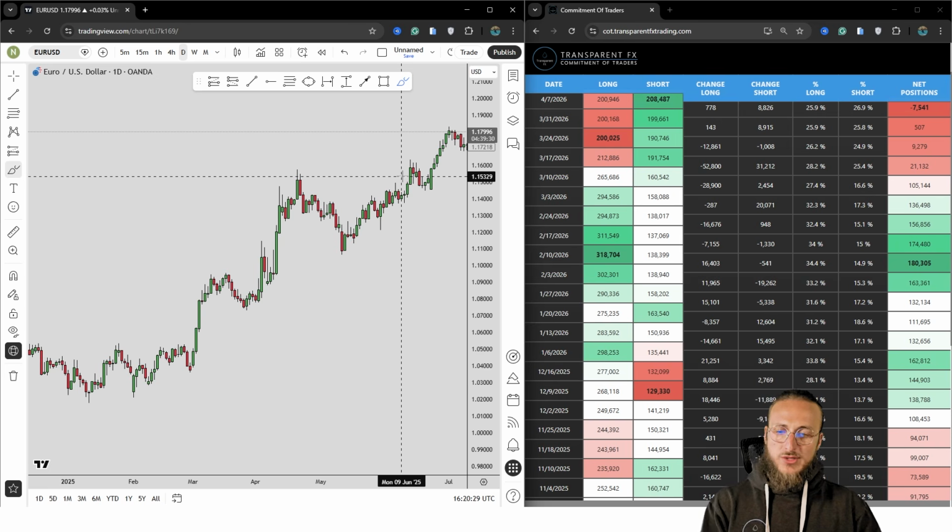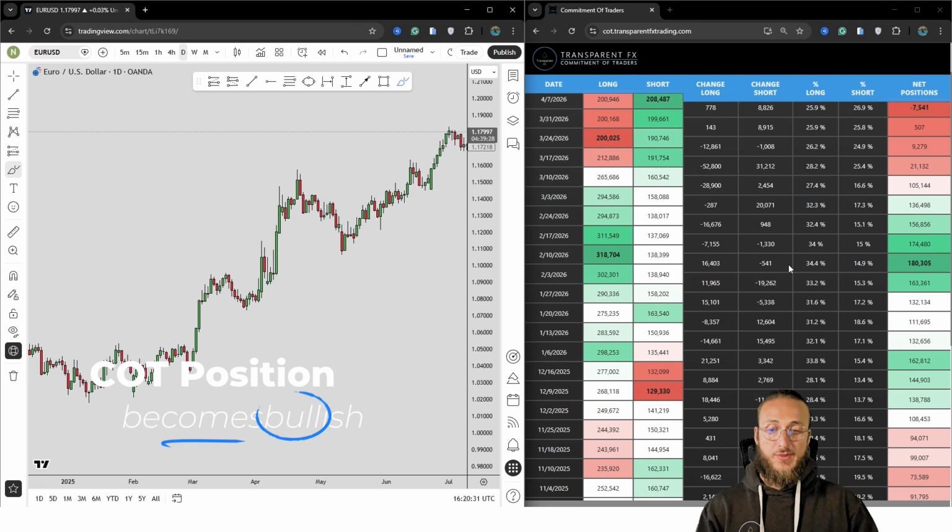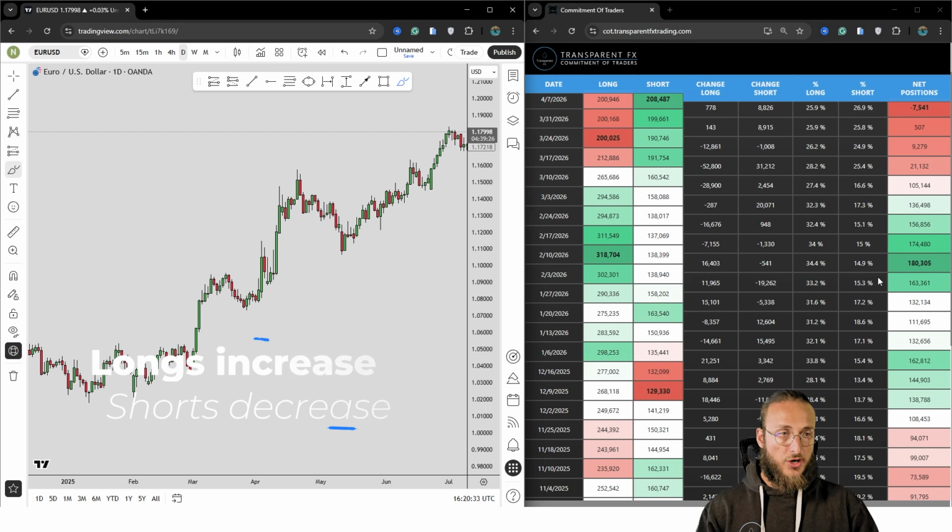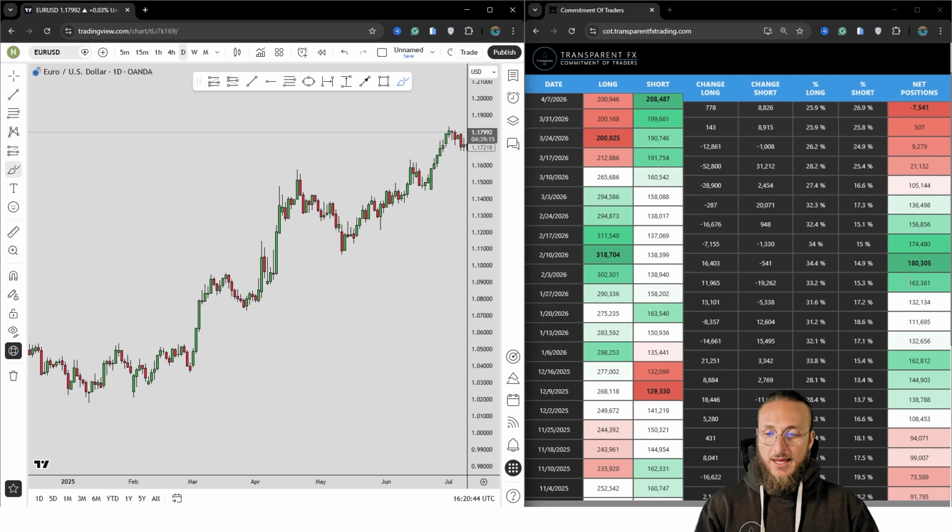And if I also see that the COT positioning is becoming bullish, so longs are increasing, the shorts are decreasing, and I look at the net positions and clearly see that net positions are increasing, like for example what's happening here, then in that case, it does not force me into a trade, but it gives me a cleaner context for favoring longs instead of forcing shorts.